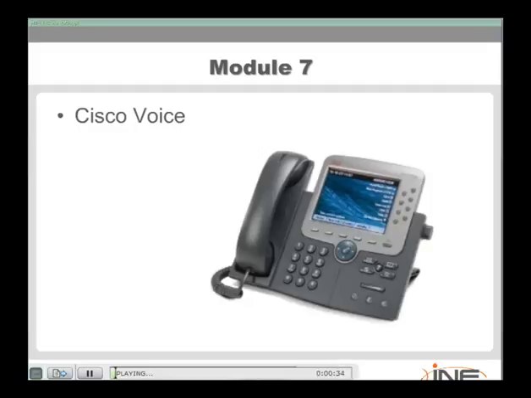Obviously, when we converge these networks, we're going to have some great cost savings. We're going to have great new capabilities like unifying the messaging, having emails and chats and voice calls all be unified.